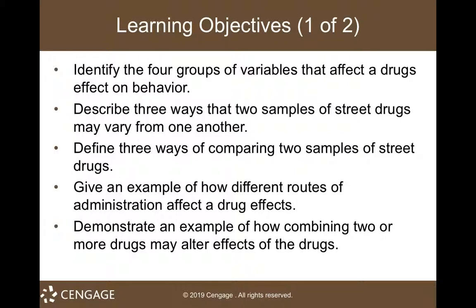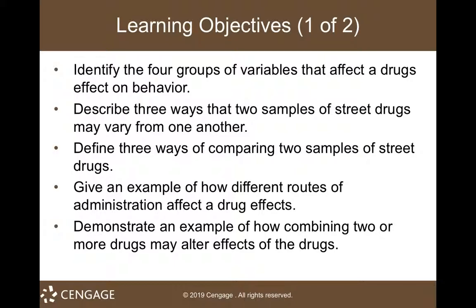A speedball, which would be having heroin and methamphetamine in the same syringe, would be the same thing. Speedball is cocaine and heroin, and a goofball would be methamphetamine and heroin.